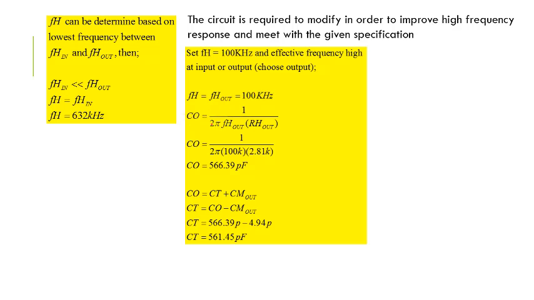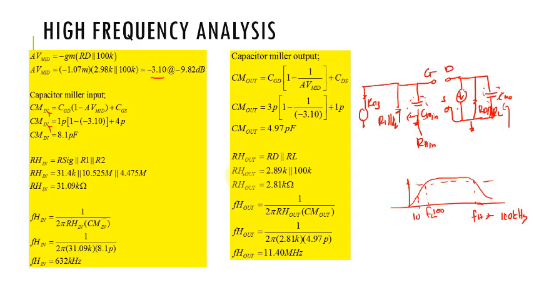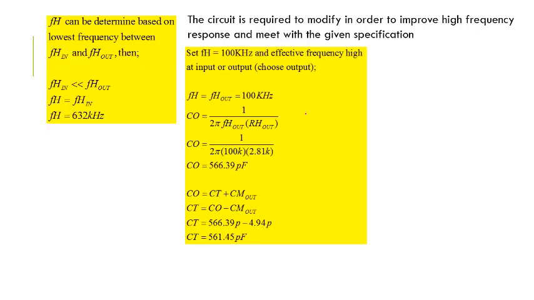Then we apply the same formula, but we choose the capacitor value which we need to add in order to get the high cutoff frequency at 100 kilohertz. So the output capacitor should be 566 picofarad. At the output we have the Miller capacitor, which is 4.97 picofarad. We know that the total capacitor is CT plus C Miller out.